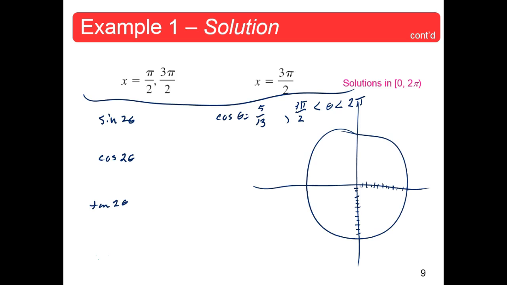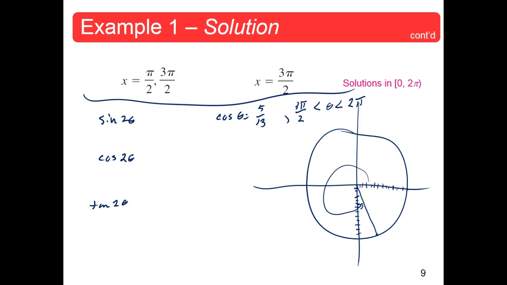Now, cosine theta is 5/13, and cosine is what? Adjacent over hypotenuse. So adjacent here would be 5: 1, 2, 3, 4, 5. And the hypotenuse would be down here. So this is approximately the angle right there, the theta we're interested in.